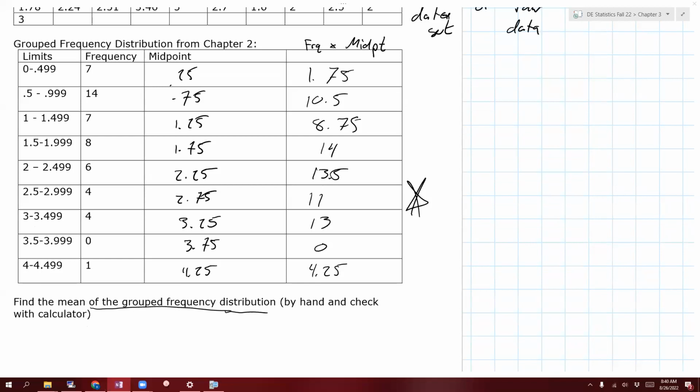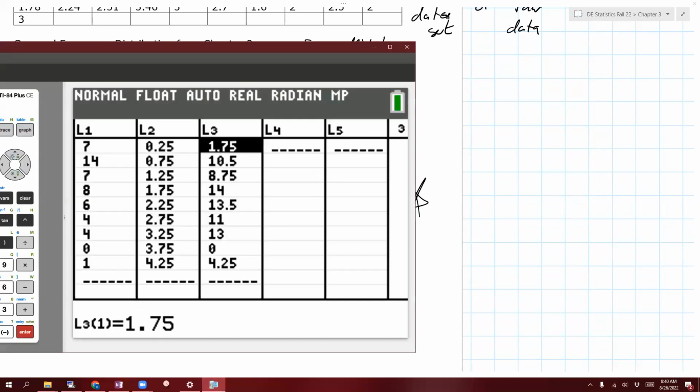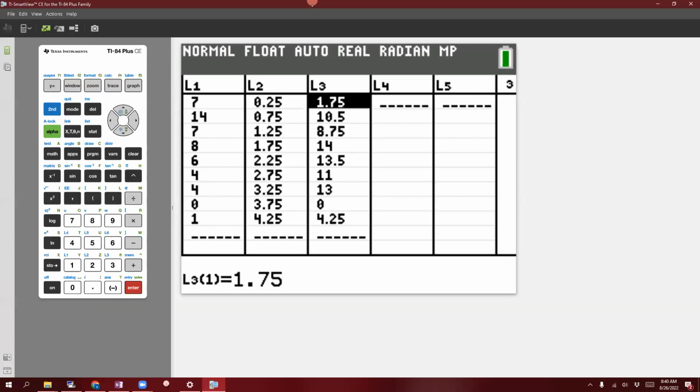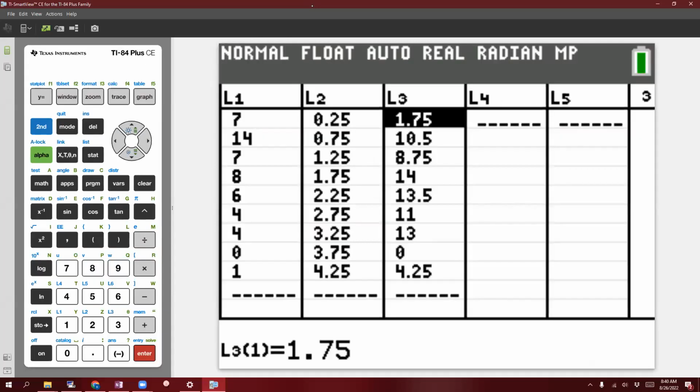I can add those all up by hand by plugging them back into my calculator, or I can go back and start using my calculator again to make my life easier. So again, back here. Based on my lists, the next step is I want to add up all of the things in list three. I want to sum list three.